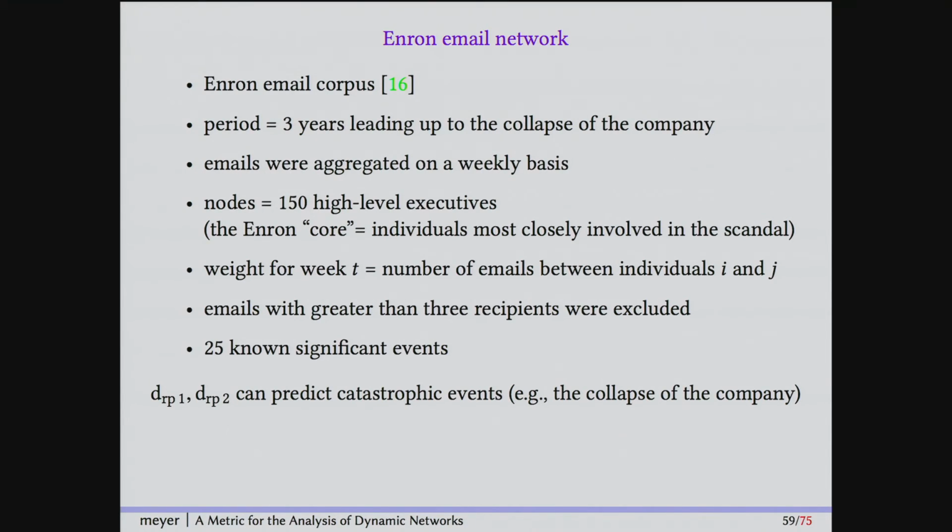We aggregate emails over a period of one week, and we measure in some sense how strongly connected people are by looking at how many emails they exchange with each other. The content of the email does not necessarily matter; they might exchange very strong French words, and we don't know about that. But we know that they're connected.